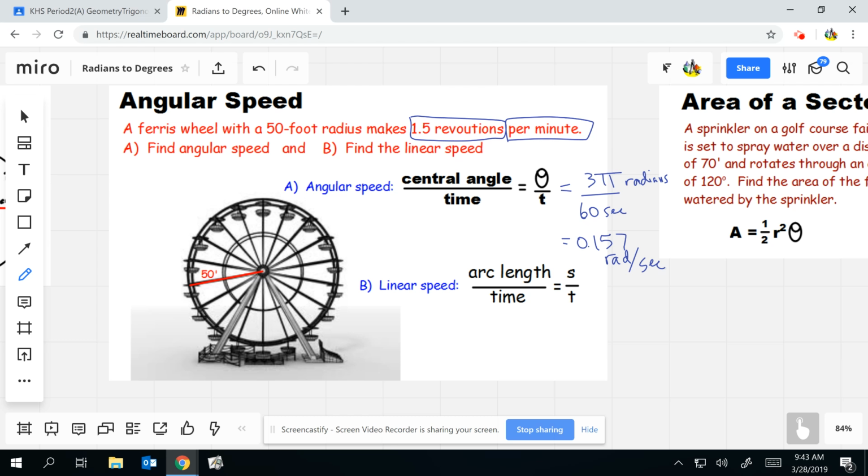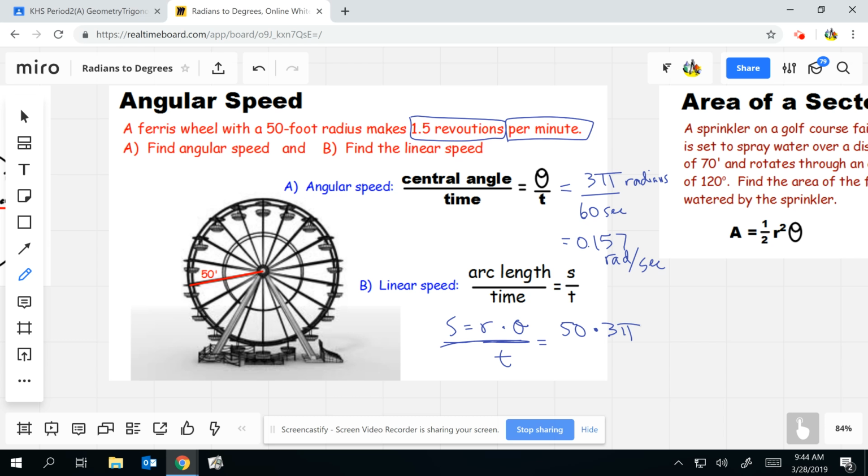Well, let's find out how many feet. We're going to do that right now with linear speed. For linear speed, we take our s, which we know to be the radius times the radians, and divide that by time. So the radius is 50. What did we use for radians up here? 3 pi, because that's 1.5 rotations.